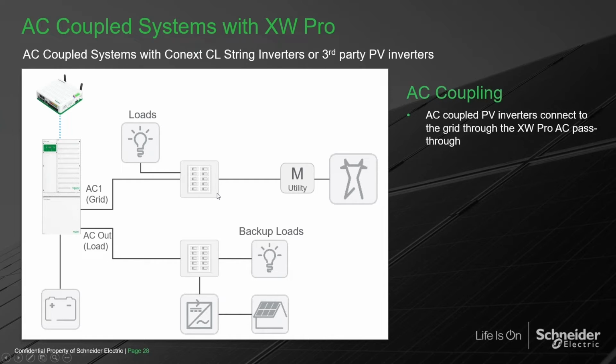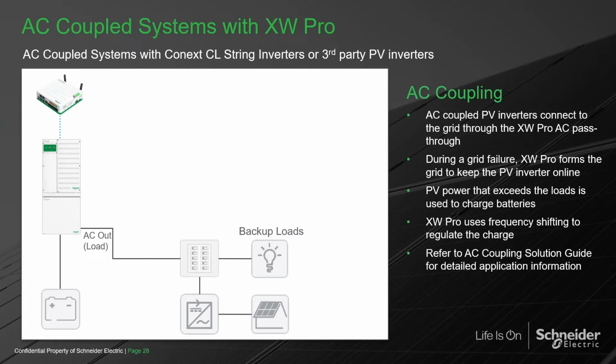Now, who's doing all the work in this architecture at this normal condition is the grid tie inverter. Okay, so the XW Pro in these normal conditions is just simply sitting there serving as a bridge between the two panels, not really doing very much at all until we have a power outage.